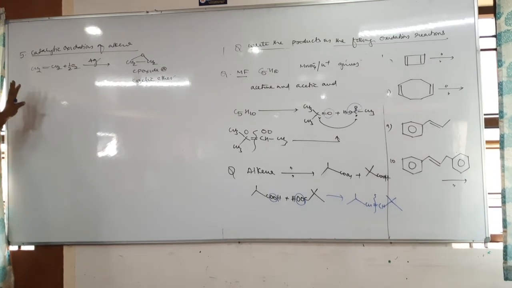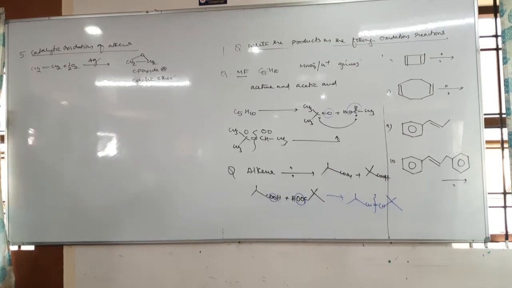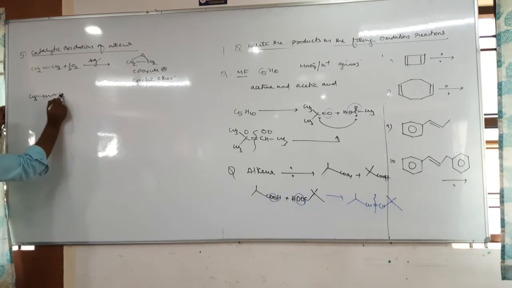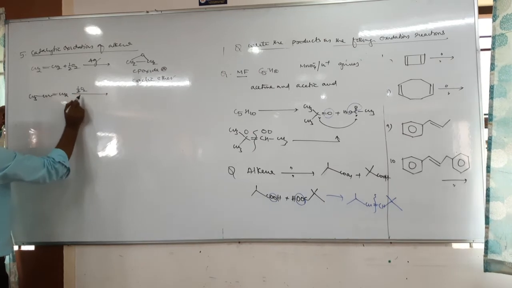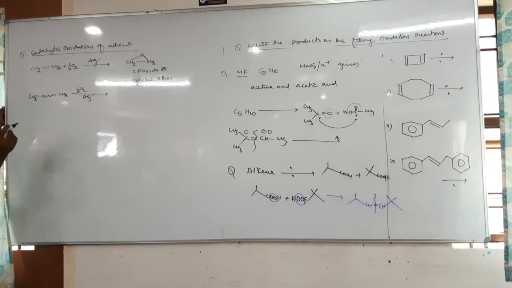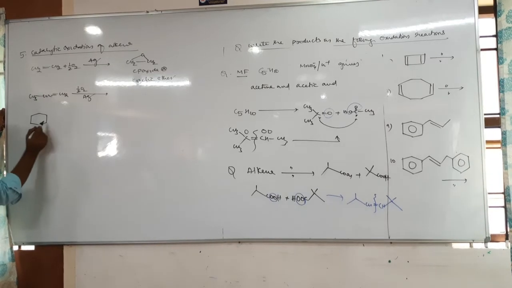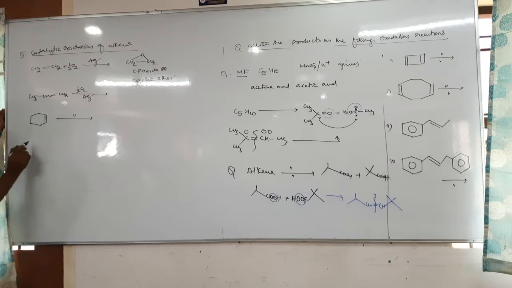So it is very simple. You just remove the double bond, write cyclic ether in that position. Whatever may be the alkene, CH3, CH double bond CH2, with atmospheric oxygen and silver catalyst, or if it is even a cyclic alkene, also the same.